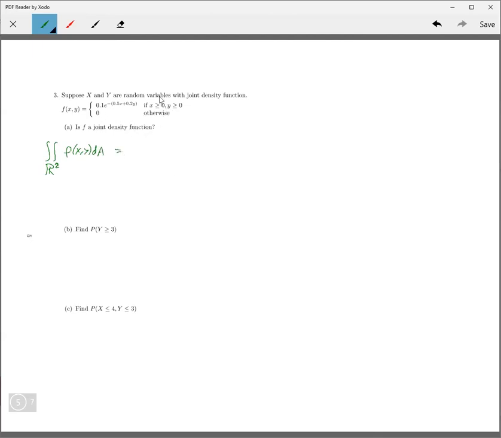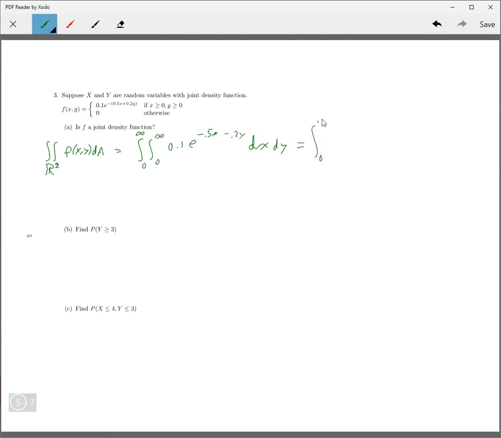Because it's 0 when you're not in this region, we can just go 0 to infinity of 0.1 e to the negative 0.5x minus 0.2y, dx dy. And that's supposed to be 1. But let's see, is it 1?